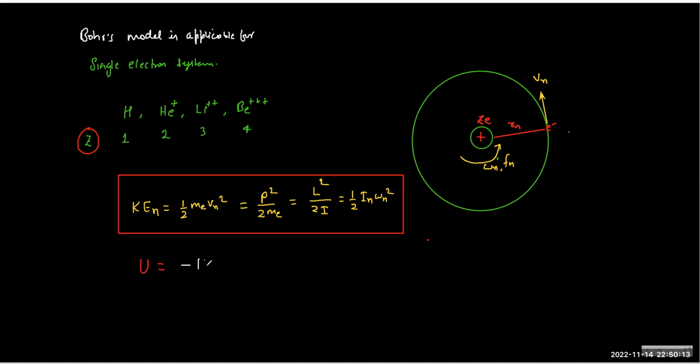So minus K, because one charge is positive, the other is negative, so the potential energy will be negative. So minus K, which is 1/4 pi epsilon naught, and then ZE square, because it is ZE into E, upon Rn. So this is the potential energy for the nth orbit, of course, because we are using the Rn formula.